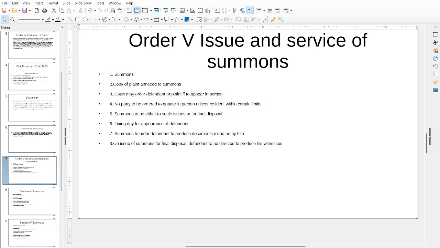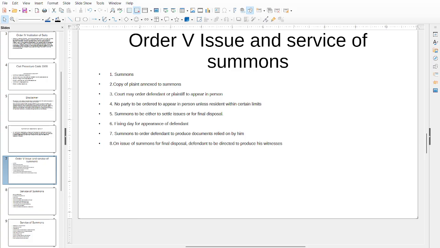If it is a matter heard by the small causes court, then the summons shall be for the final disposal of the suit. In the small causes court, it will not take a lot of time to decide the matter.